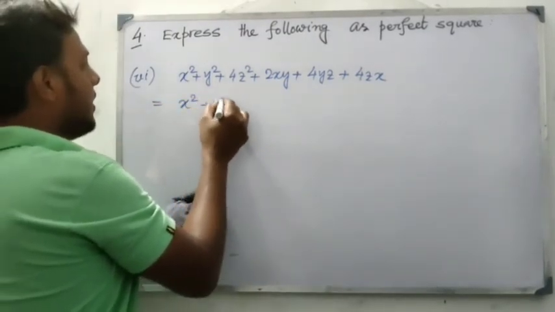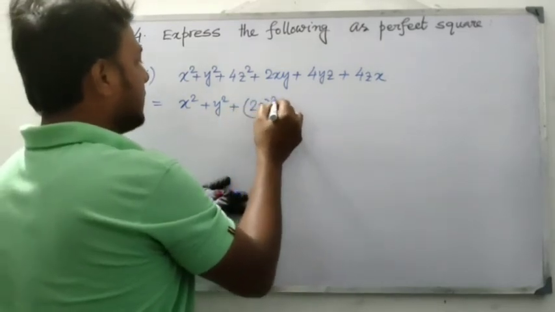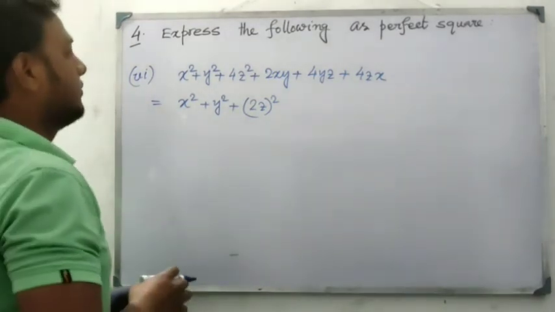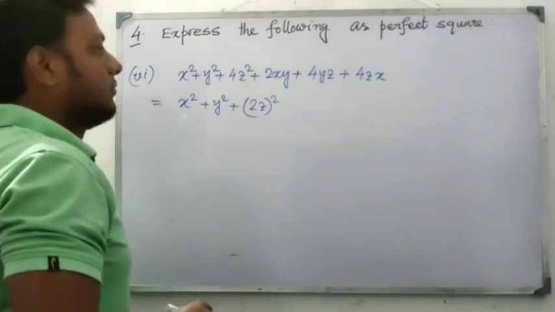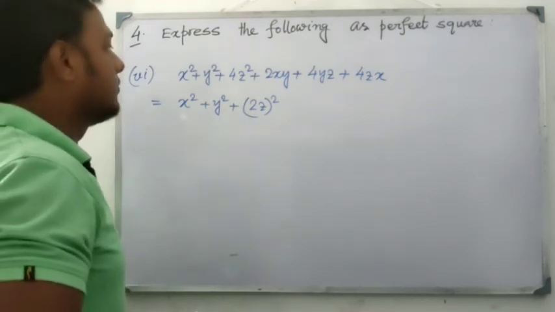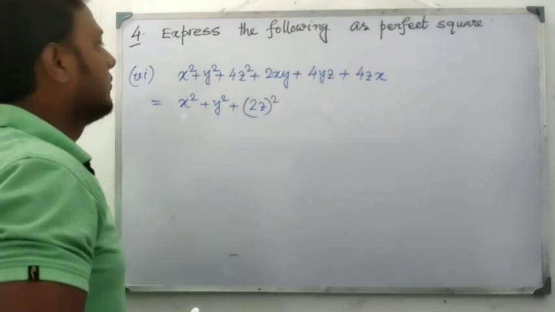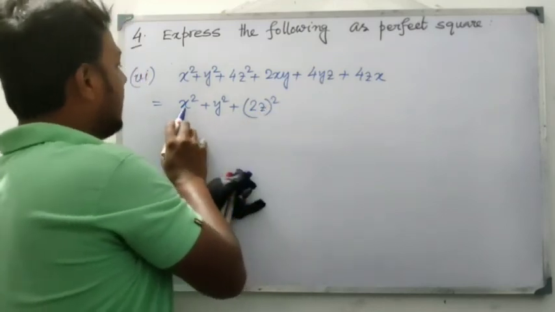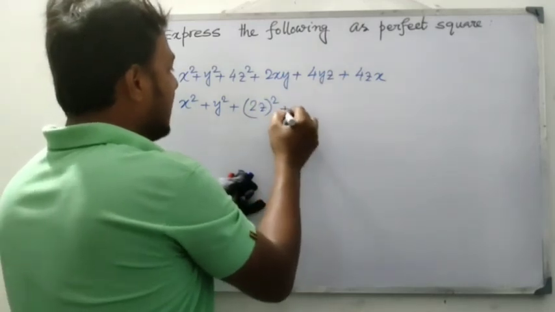Y square, and in the place of 4z square we can write 2z whole square. So we have now a square plus b square plus c square. Now plus sign is there.